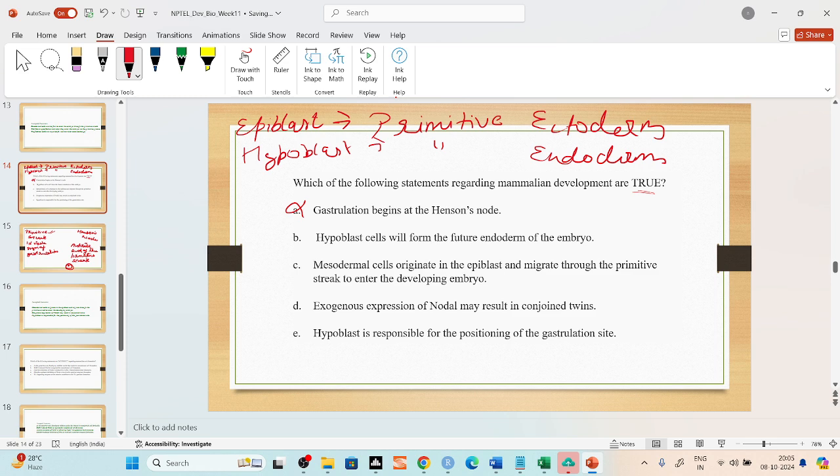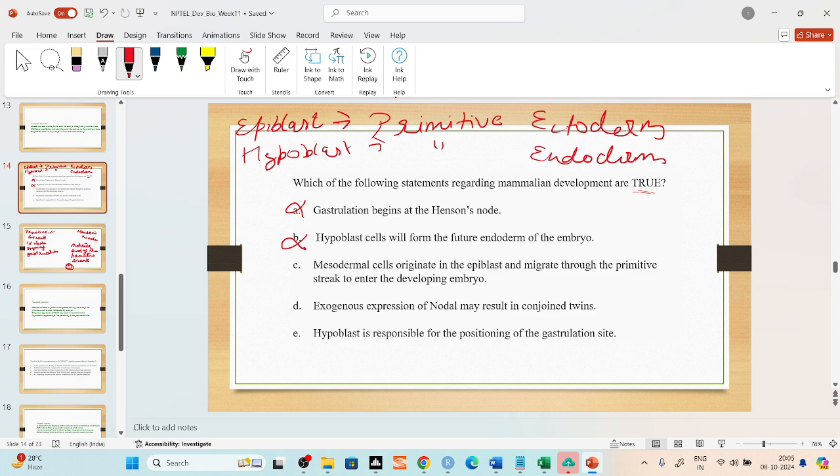And your hypoblast forms the yolk sac, which gives rise to the chorion later. So, does your hypoblast form the future endoderm? No. The ectoderm, endoderm, and mesoderm layers are formed by epiblast and not hypoblast. So, this becomes your wrong statement. Then next is, mesodermal cells originate in the epiblast and migrate through the primitive streak to the developing embryo.